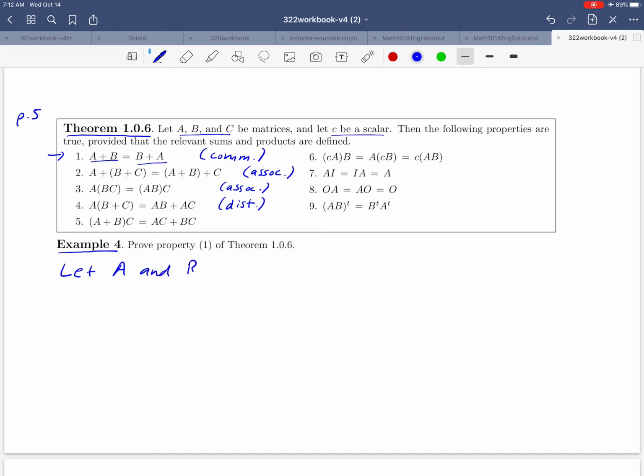So let A and B be any m by n matrices. We need those to be the same size, so that matrix addition is defined.